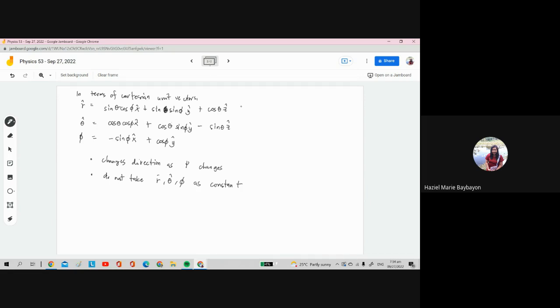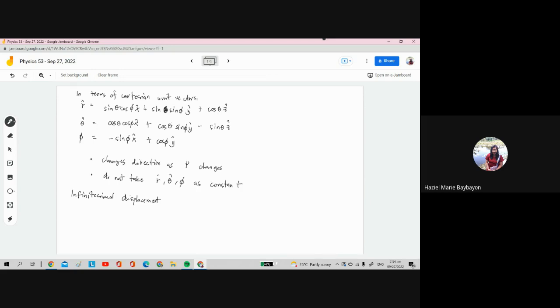Okay, so let's start with the infinitesimal length or the infinitesimal displacement. Now, naka-infinitesimal length class in terms of the radial, the polar, and the azimuthal direction.